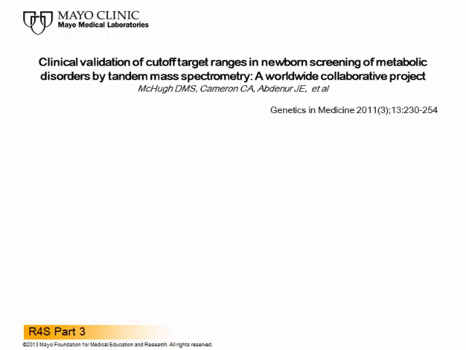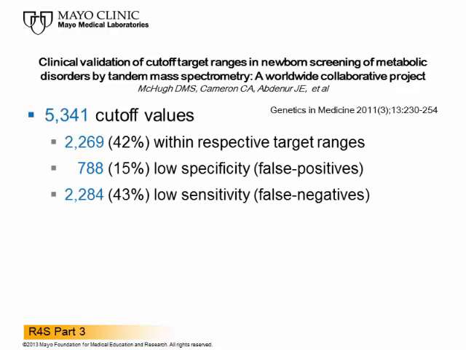This publication summarized the status of the R4S project at the end of 2010. At that time, a total of 5,341 cutoff values had been uploaded to the R4S database, and in the paper were sorted according to their standing in comparison to the corresponding target range. The results of this analysis were as follows.